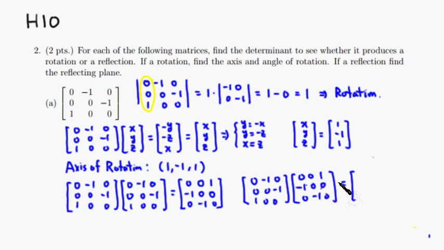Multiplying, this times that gives you 1, then 0, 0, 0, 1, 0, 0, 0, 1.